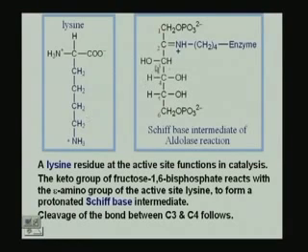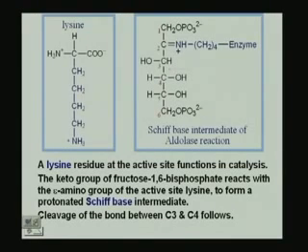What this lysine does is the keto group of fructose 1,6-bisphosphate reacts with the amino group of the lysine, and it forms a protonated Schiff base. Then there is the cleavage between carbon atoms 3 and 4. We are not going to go into details of all this, but what you have to know is you have the breakdown from the 6 carbon to the 3 carbon by the enzyme aldolase.